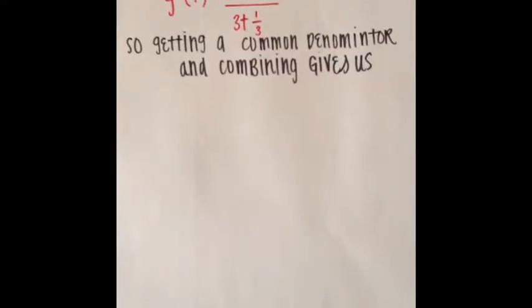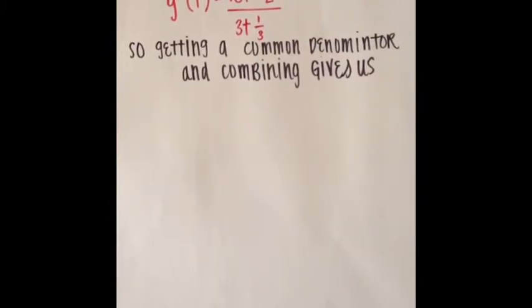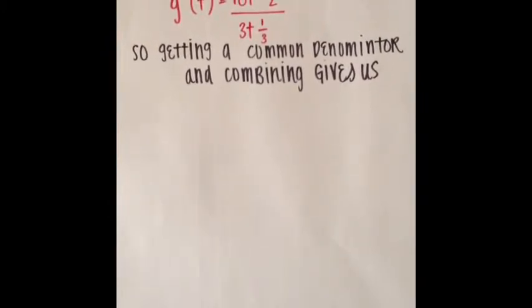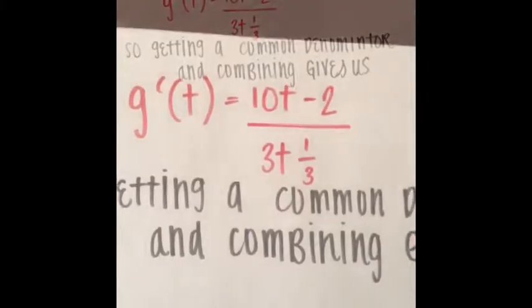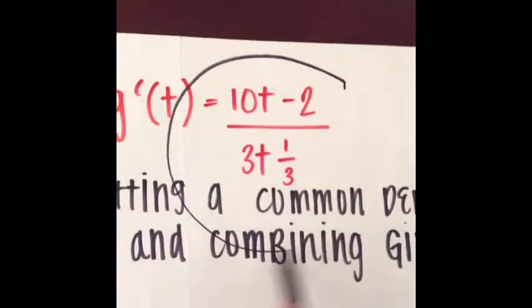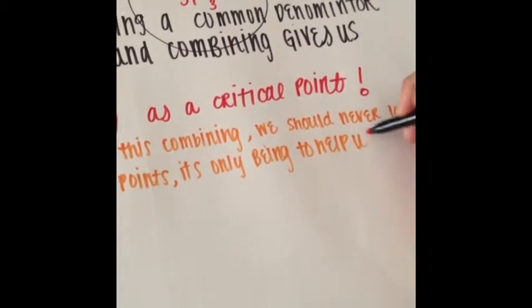So getting a common denominator and combining gives us g'(t) equals (10t minus 2) divided by 3t to the power of 1/3. Notice that we still have t equals 0 as a critical point. By doing this combining, we should never lose critical points. It's only being used to help us find them.